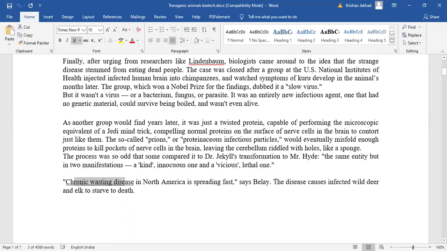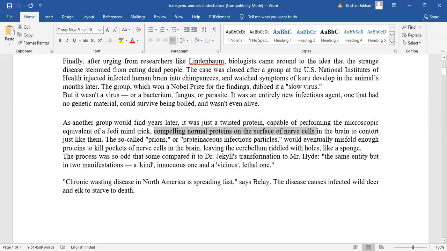Ultimately, what happened is how it is a lethal one, because the protein conformation will change from alpha helical to beta pleated sheets, and it will lead to compelling the normal proteins on the surface of nerve cells, because there are so many proteins present in the nerve cell plasma membrane in the brain.